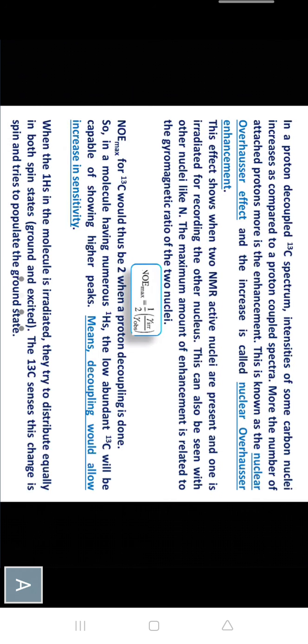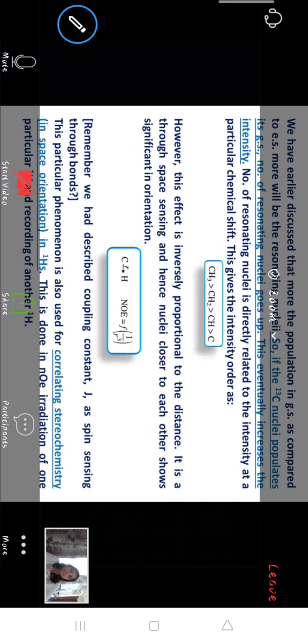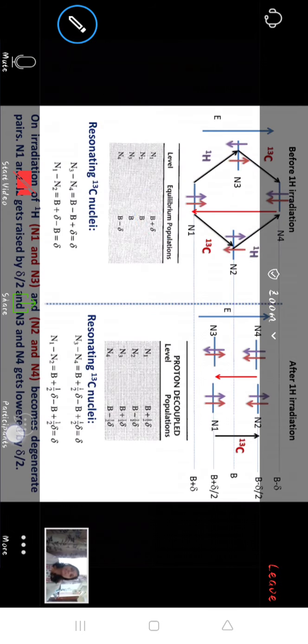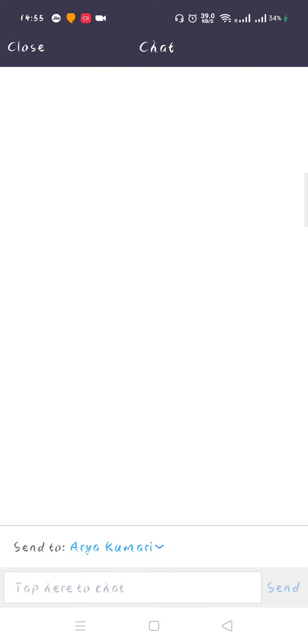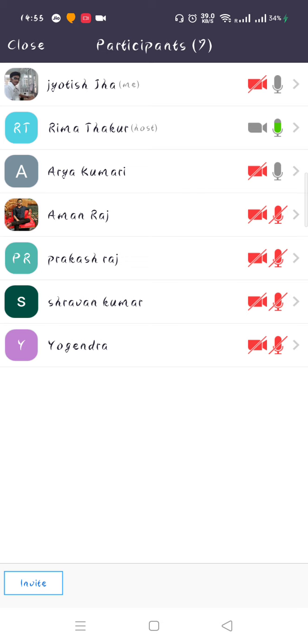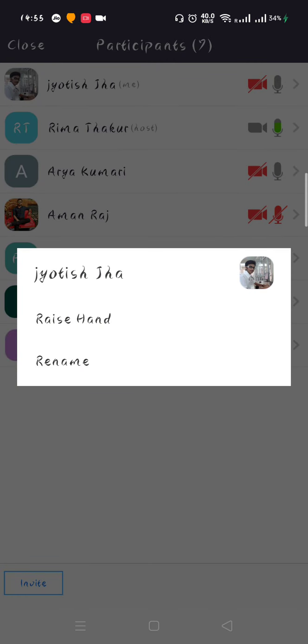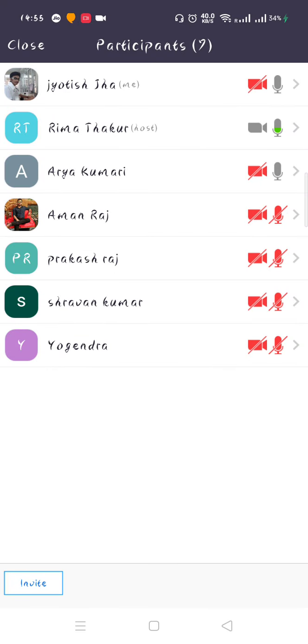Carbon 13 inherently will start to bring some of its nuclei from N4 down to N1. So what will happen from that effect? D number of nuclei start coming down from N4 to N1. So the population of N4 will keep decreasing and the population of N1 will keep increasing.